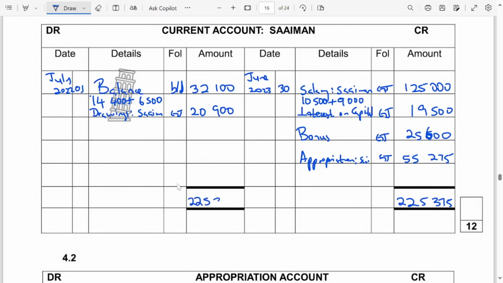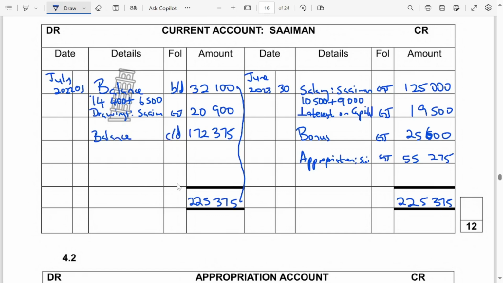So we have to equate both sides with the bigger side, 225,375. Now we have to find a difference. So take this one, subtract those two amounts. So minus 32,100 minus 2,900. So that is going to be 172,375. So this is the balance carried down.